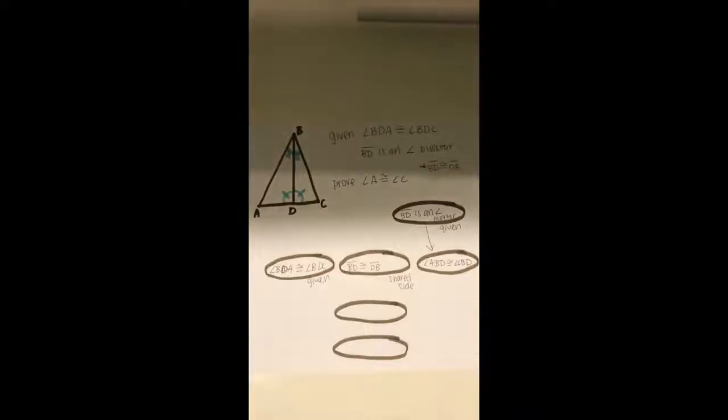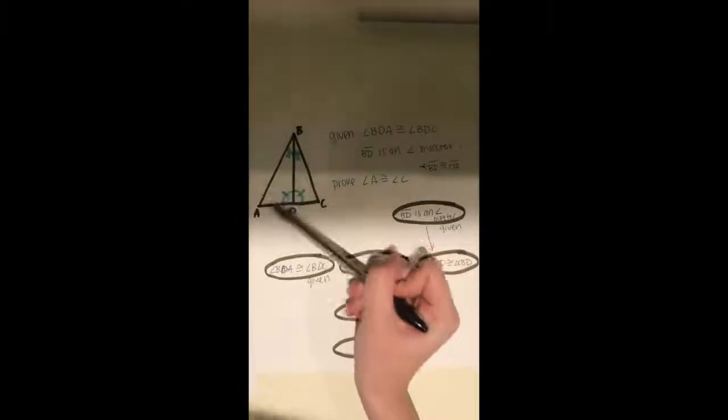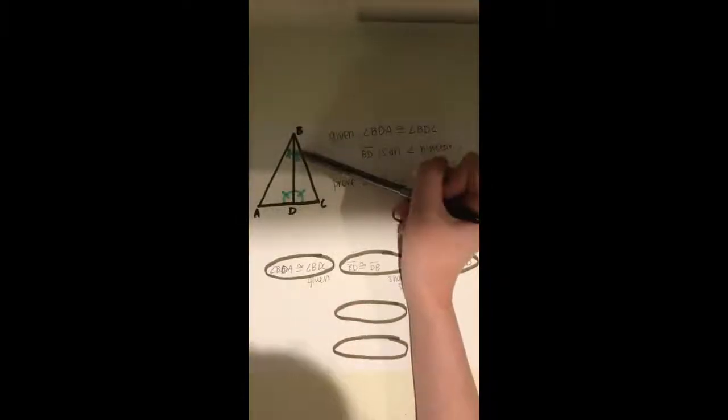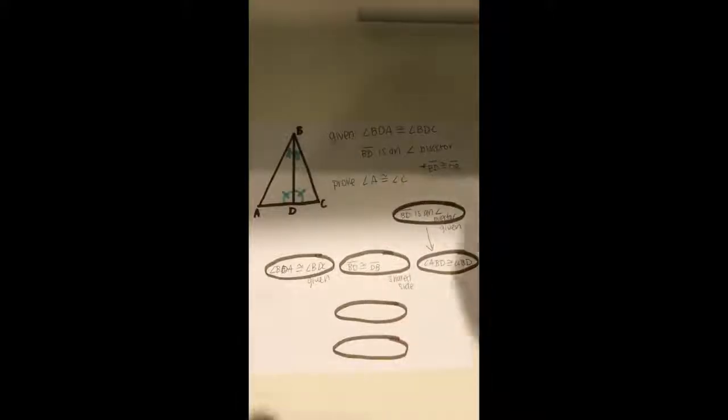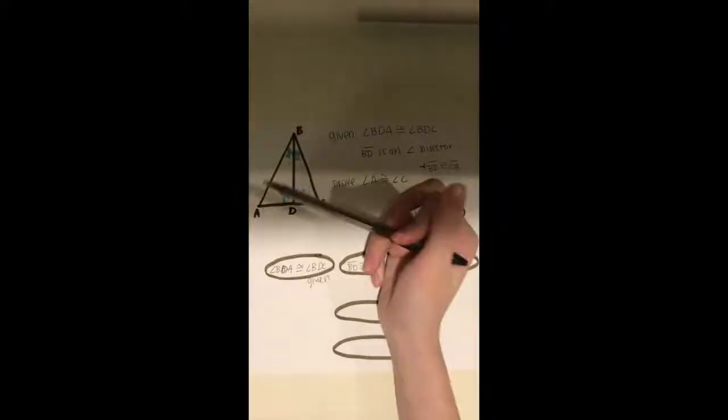This is really important when you're not just saying angle C, or B, because there are two different angles. When you have three letters in a row, the third letter has to be the angle that you're referencing.